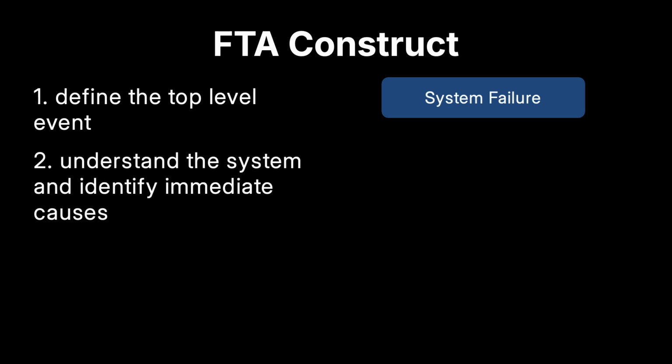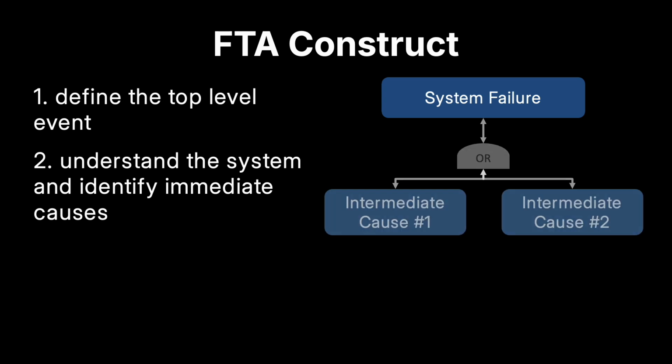Let's see how this looks. At the top you have the main event, which is the system failure. Then it is important to understand the system architecture and the data flows to gather some insights about what potential intermediate causes are.